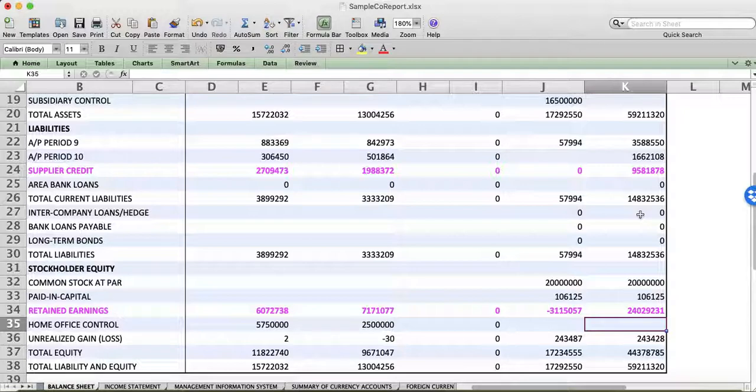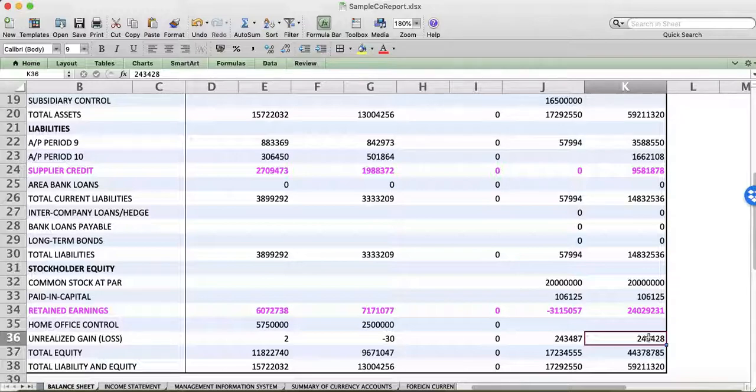Home office control, as we said, is cancelled out with the subsidiary control at the bottom of the total assets. Then comes unrealized gain. Unrealized gains are, as I alluded to earlier, the effect of currency fluctuations.